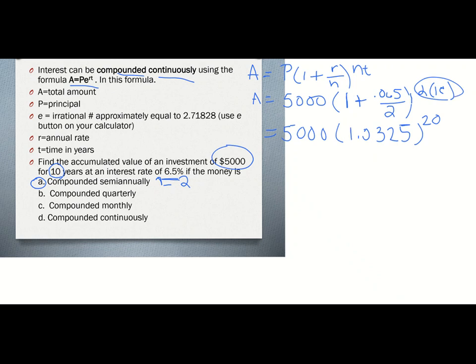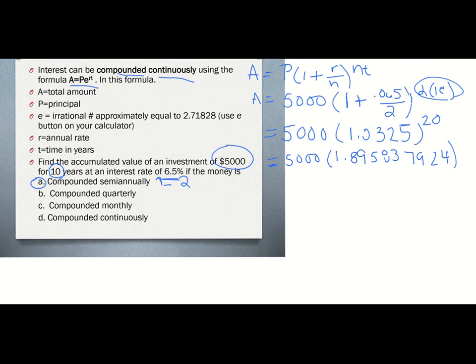And let's do our 1.0325 raised to the 20th power. That gives me 5,000 times 1.895837924.